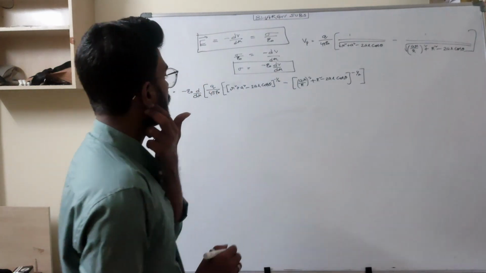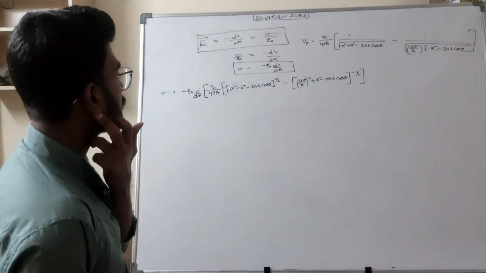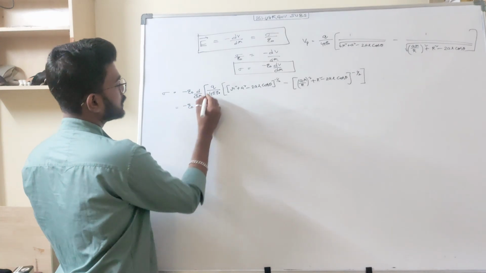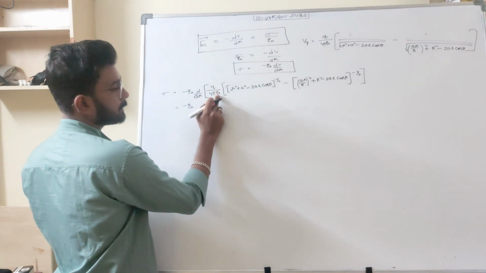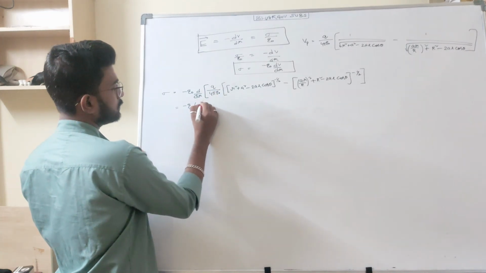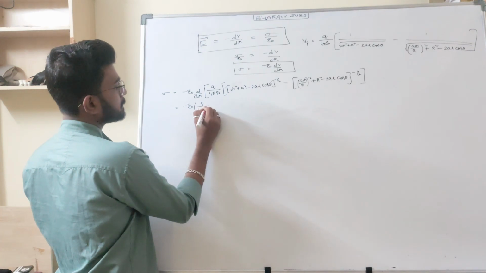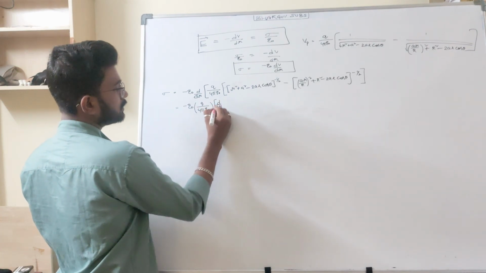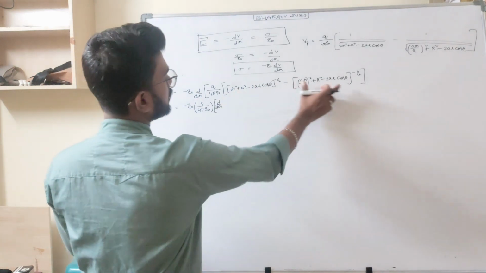So this was the V value. Now I have to differentiate this. Q by 4 pi epsilon naught is constant, so take it out and differentiate separately, this one and this one.